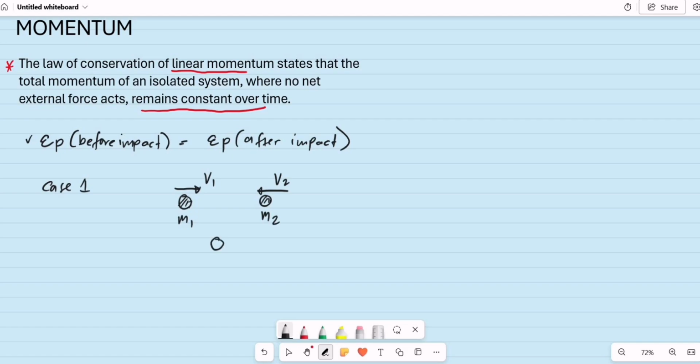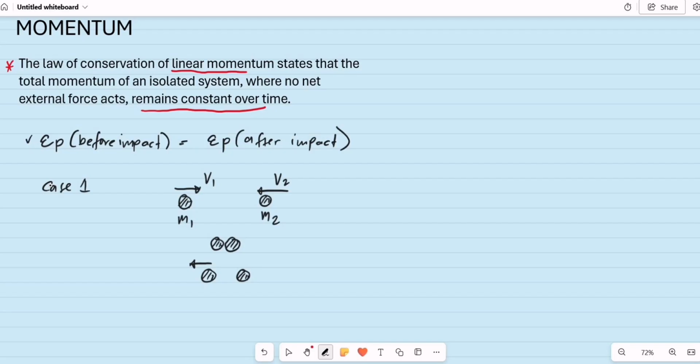So they are to collide, and then after collision, they will move separately. Possibly they will move in the same direction, or most commonly they are to go back. For example, object number one will go back to the left.